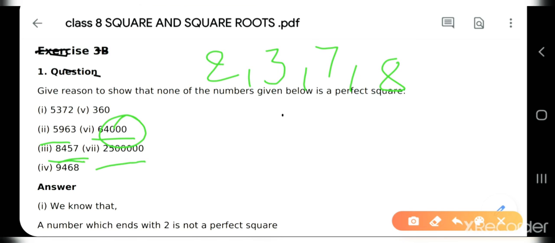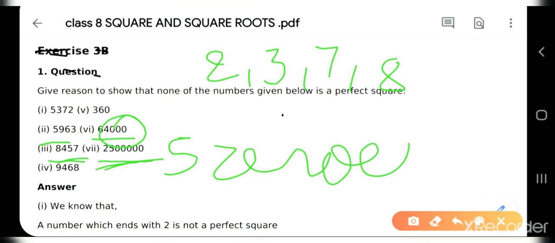For this question you can write that this number is ending in an odd number of zeros, it contains five zeros, so the given number is not a perfect square. For the fourth one, as the number is ending with 8, the number is not a perfect square.